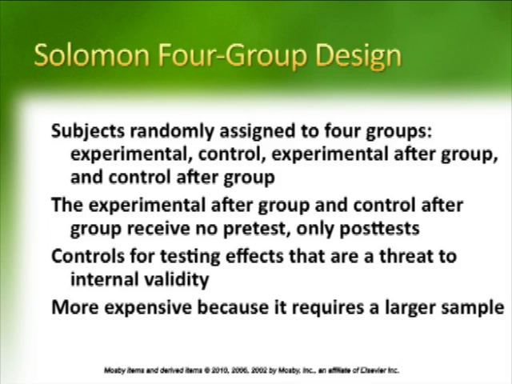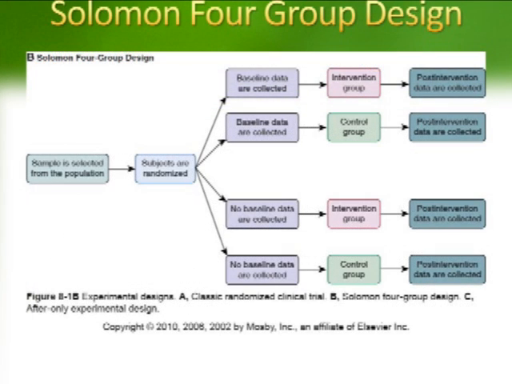And the only reason it's not done very often is because it is very expensive and requires a larger sample. This is a flow chart of the Solomon 4 group design. As you can see, the top 2 groups are just the same as our randomized clinical trial.